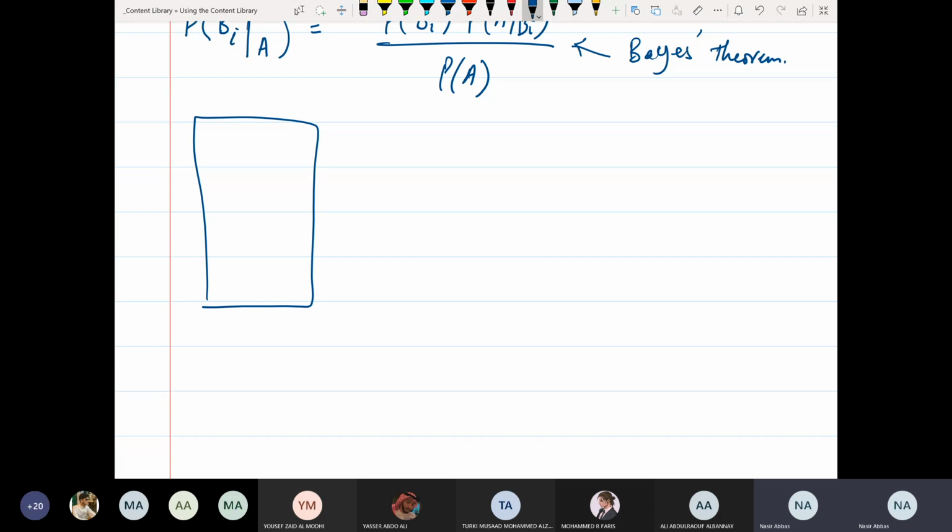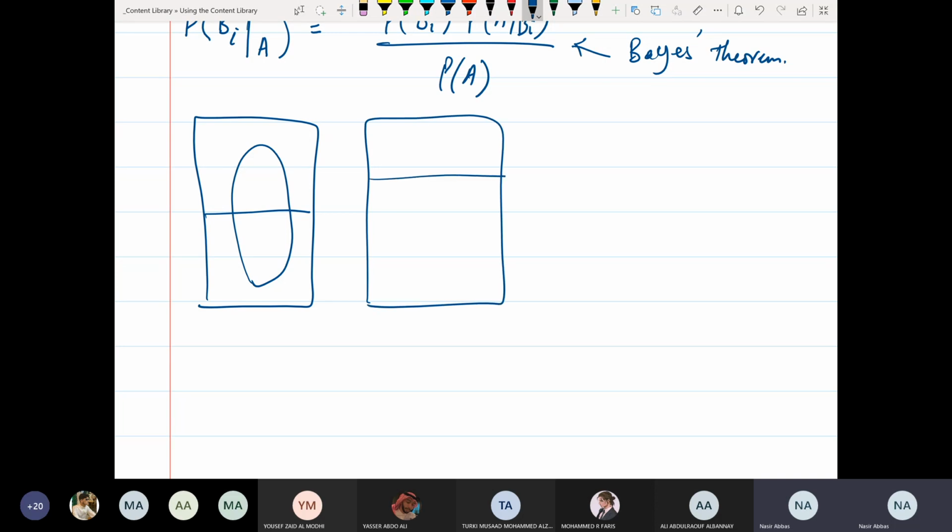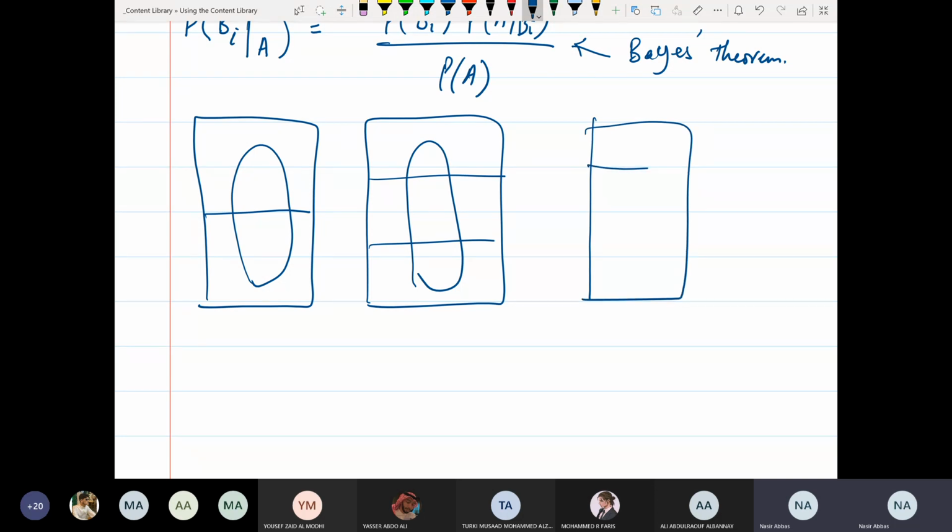It can be like this, a space divided into 2 pieces and you're interested in this event A. It can be like this, where your sample space is divided into 3 pieces and you're interested in A. It can be like this, 4 pieces and you're interested in A, and so on. K can be 2, 3, 4, 5, 6, any number of partitions.